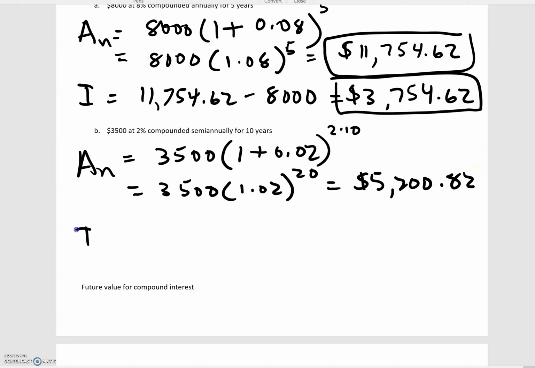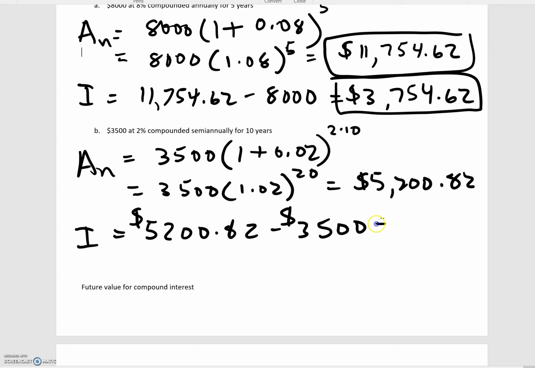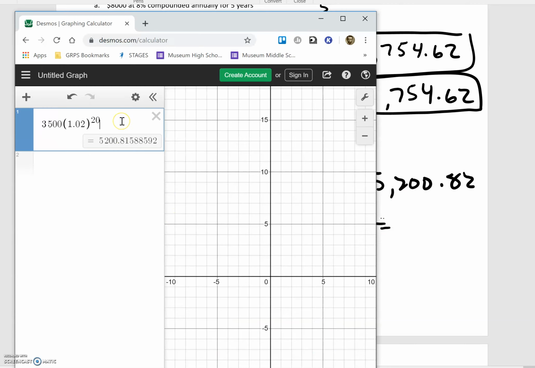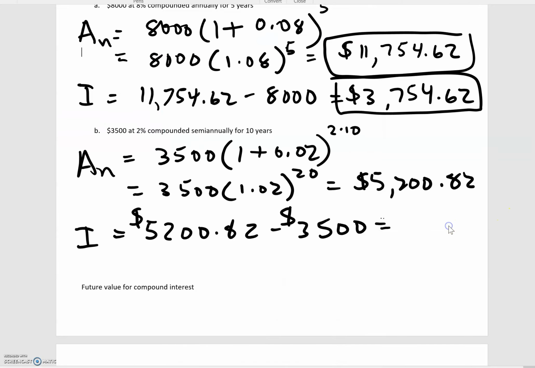And if we want to figure out the interest for this experience, we're going to take our total amount and subtract our principal. So let's go back here, I'm going to subtract 3,500, and we get that our interest for this experience is $1,700.82.